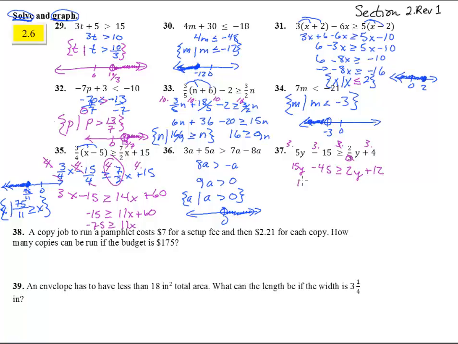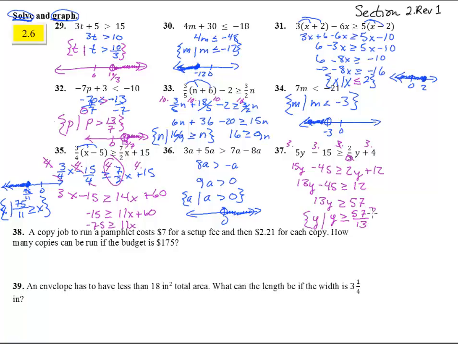Subtract 2y over here, we get 13y minus 45 is greater than or equal to 12. Add 45, we get 13y is greater than or equal to 57. So y is greater than or equal to 57/13.